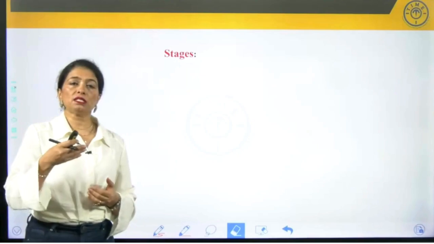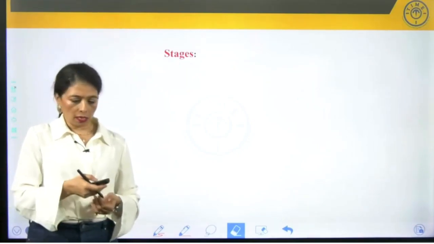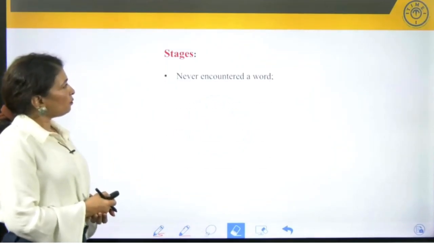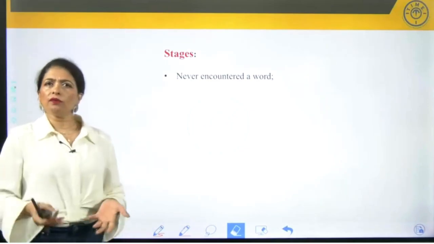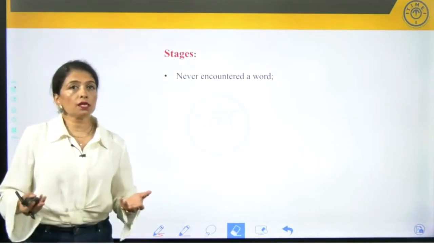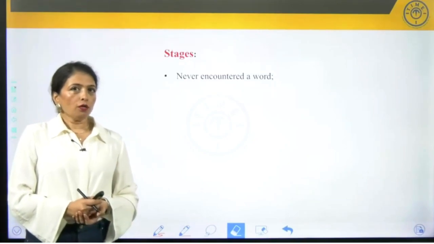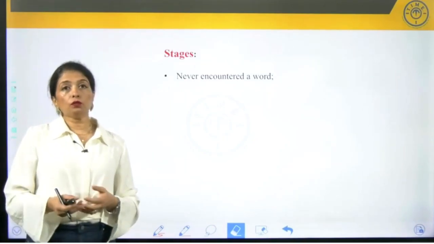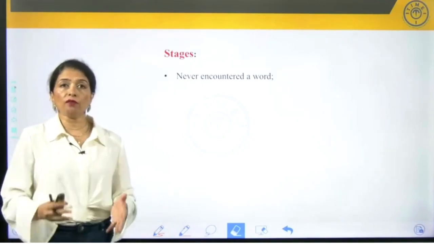There are so many stages that we go through in the process of learning words that we are aware of. The first stage is when it comes to a word, you may have never encountered a word at all. Doesn't it happen so many times when you read, and I'm sure you do, you come across certain words that you may not have heard or read about any time ever at all.